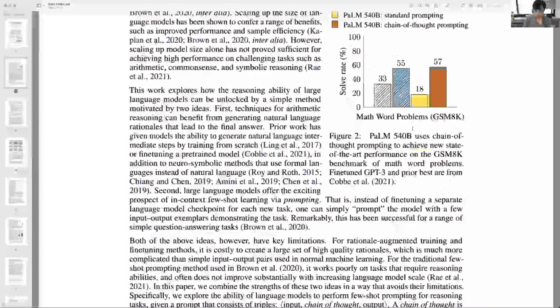It's very simple. When they give the in-context examples, they're ensuring the model will generate the explanation by giving the example with the explanation. And then they see how the model does in the different kinds of reasoning.